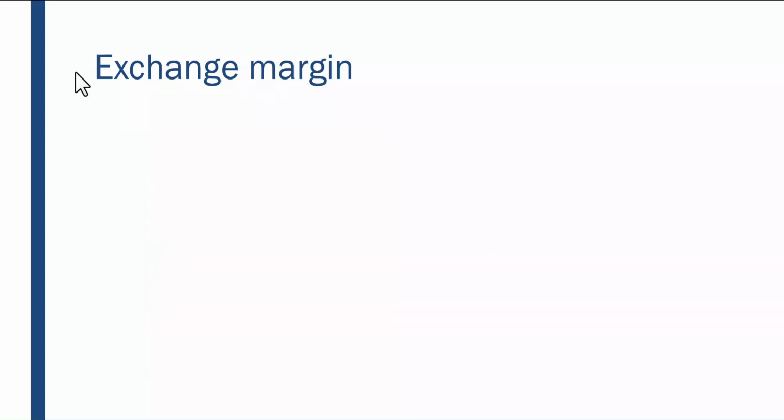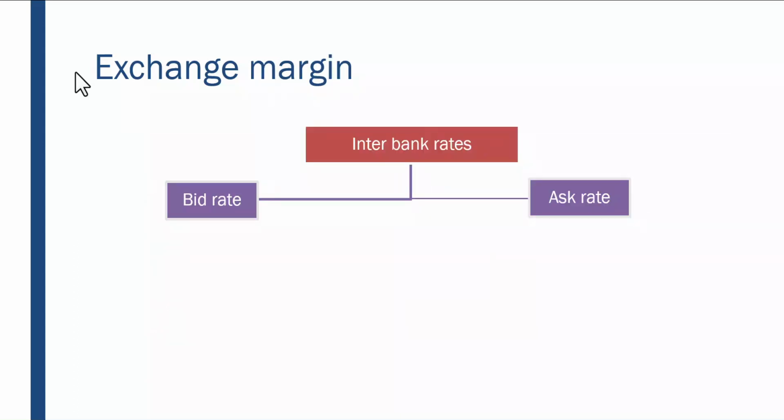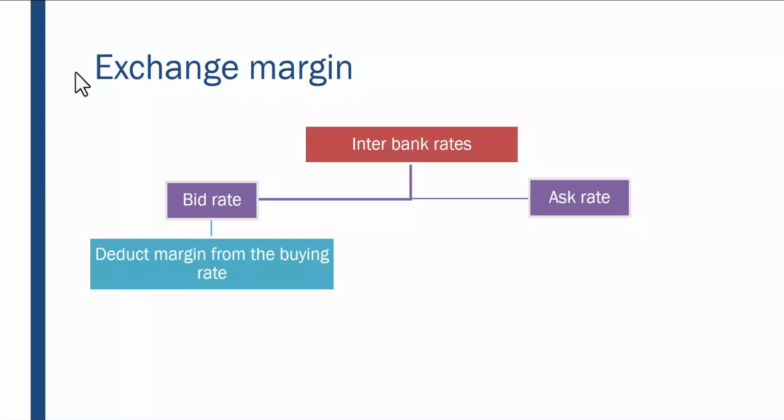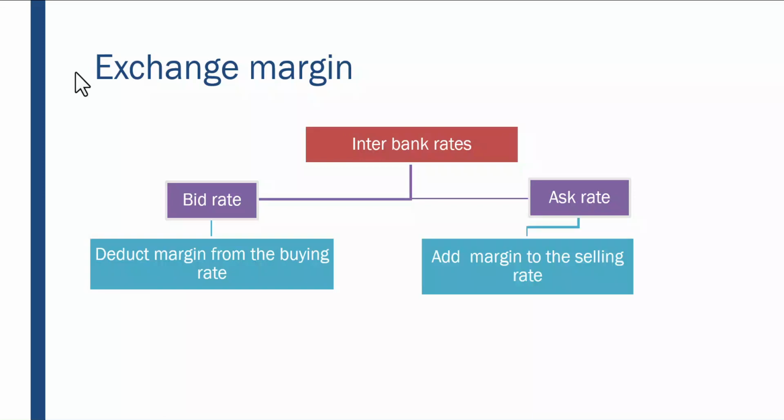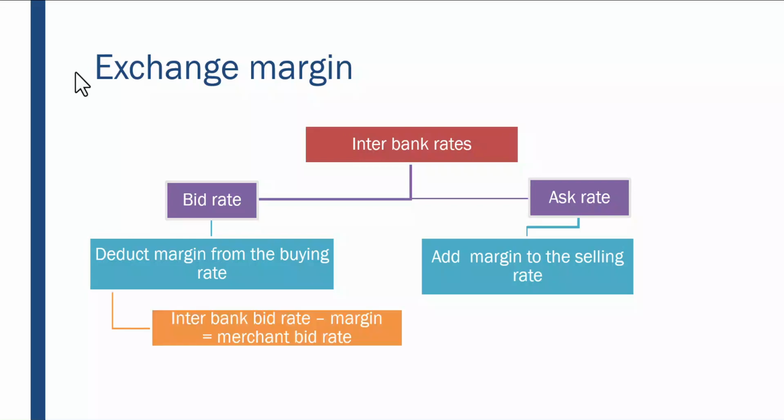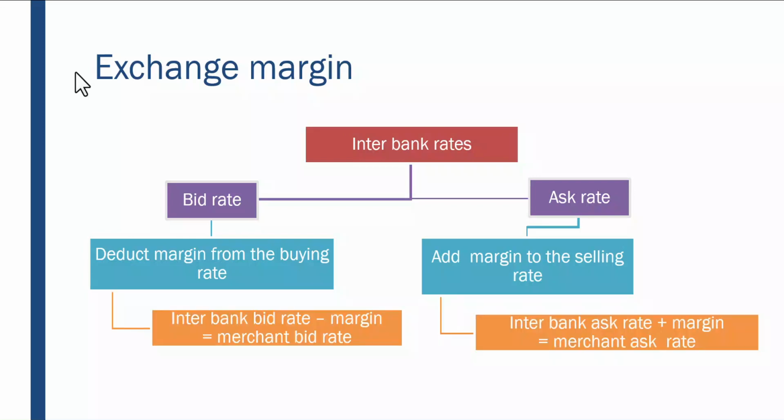Is that okay? So for the interbank rates, we deduct the margin from the bid rate and add the margin to the selling rate to arrive at the merchant rates. The merchant rates are the rates which are quoted to the customers. Interbank rates are the wholesale rates and merchant rates are applicable to the customers.